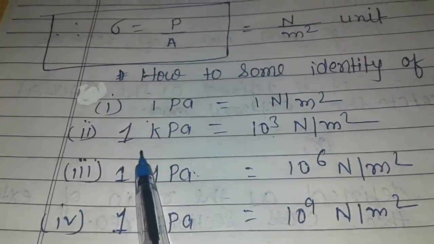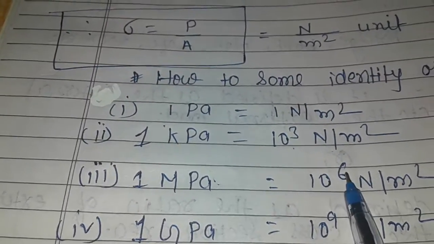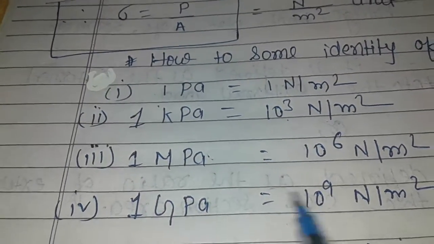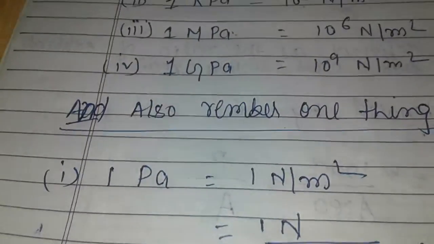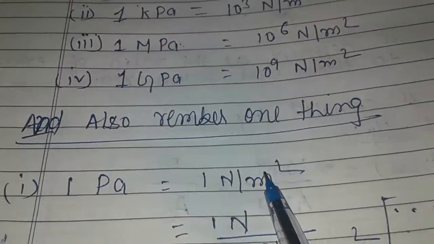Kilo means 10 to the power 3, mega is 10 to the power 6, and giga is 10 to the power 9.